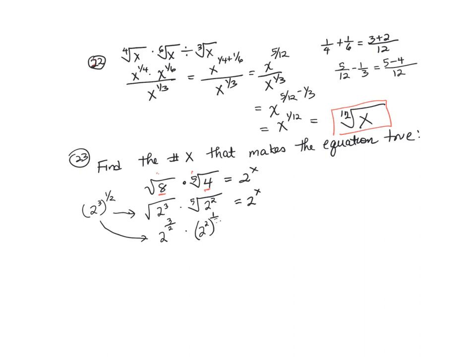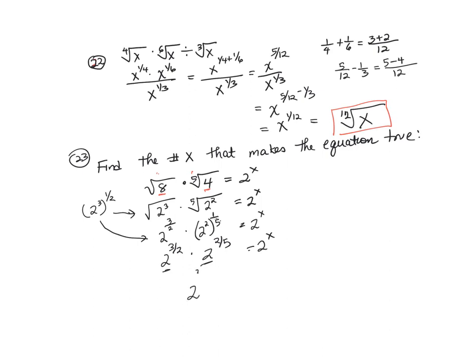Just erase that, make it 1/5. Okay, that's better. So this should be 2 to the 3 halves times 2 to the 2/5 equals 2 to the x. And just like the do now, if the bases are the same, we add the exponents.